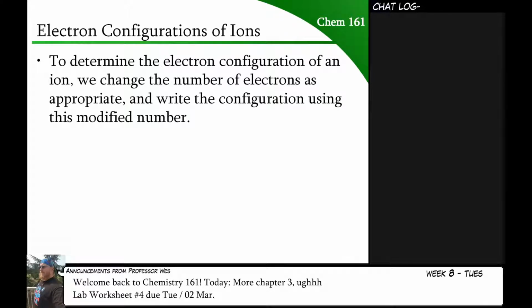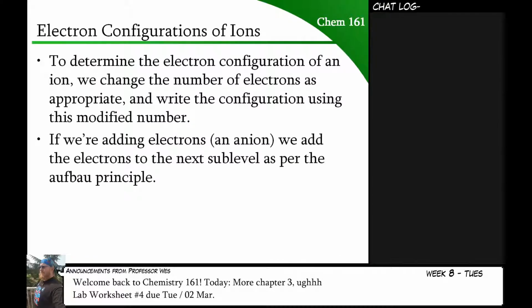This is going to require us to change the number of electrons present in the atom, either by adding or subtracting, depending on the ion. The first thing we're going to look at is anions, because anions are easy. If you add electrons, you just add them on as if you were looking at an element with more electrons.